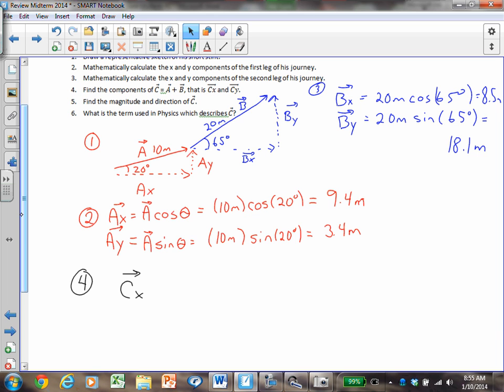Yeah, because you see, it's going to be the Ax plus the Bx, right? Not Ax plus Ay. Ax plus Bx. And then Ay plus By will be Cy.